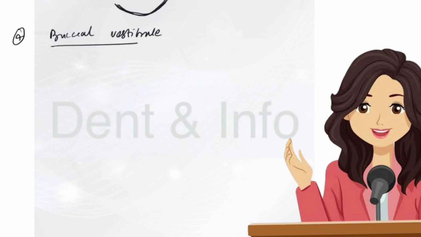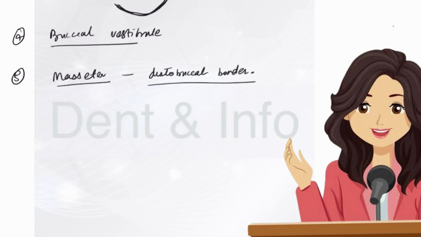What is more important to discuss, from which questions are coming, is the influence of masseter actually at the distobuccal border. This is what I want to discuss in detail with you. The influence of masseter on the distobuccal border. So distobuccal border is largely influenced by masseter, which is this muscle here.